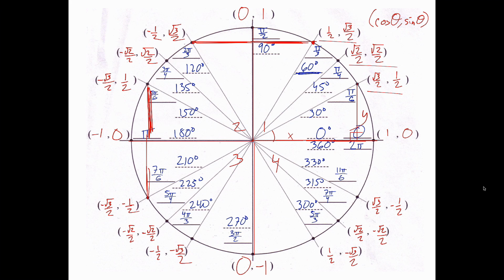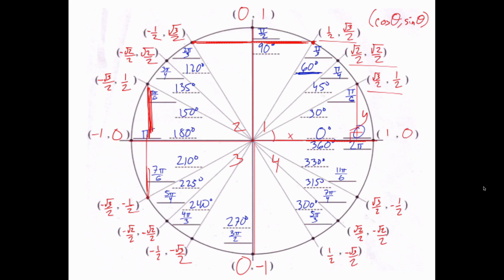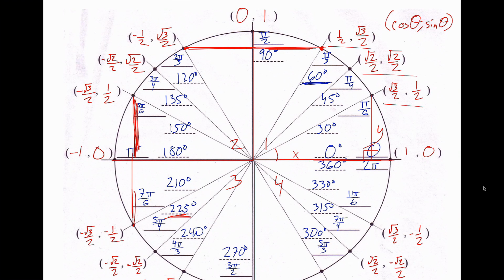What I'm going to have us do is use this to quickly come up with the sine, cosine, and tangent of some angle measures. So here's our practice for this. We're asked to find, first of all, the cosine of 225 degrees. Going over here, 225 degrees, that's here. The cosine, according to this legend up here, is the x-coordinate.